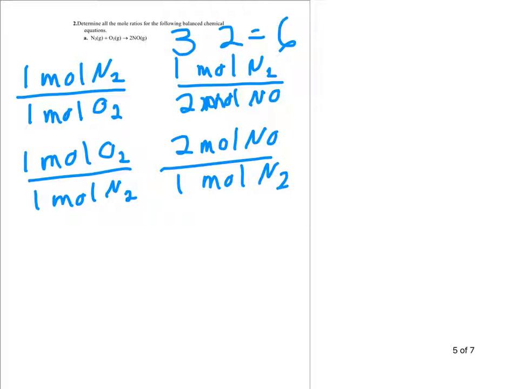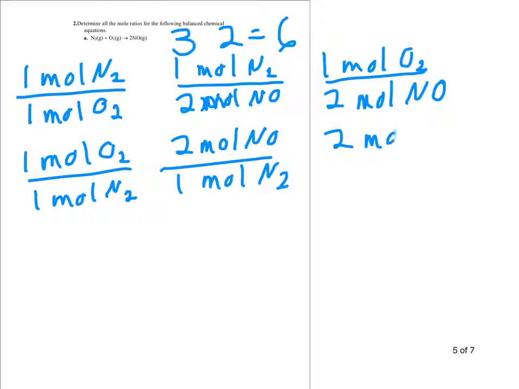Now I've done everything that has an N2 in it, so now I go to the O2, and I get 1 mole of O2 over, and match that up with the NO, 2 moles of NO. And I flip that one over for my 6th mole ratio.